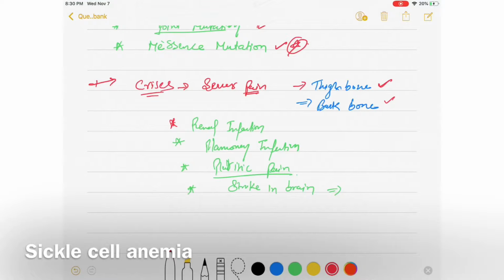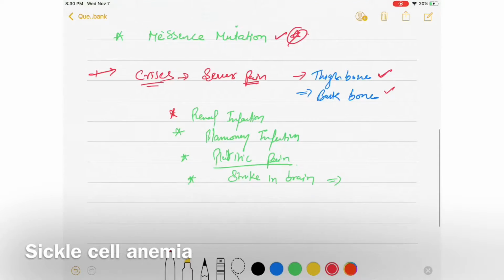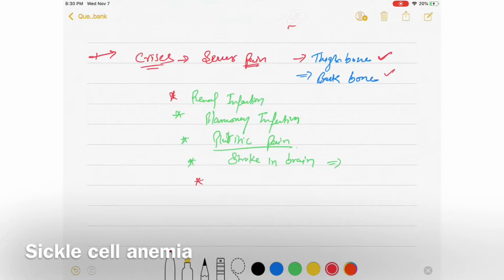And next is the main point: it also causes jaundice. How does it cause jaundice? In sickle cell anemia, there is rapid disruption of RBCs. Always remember, rapid disruption.